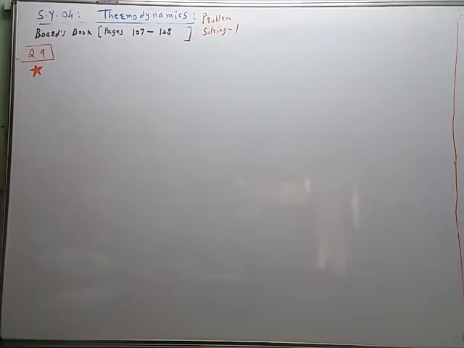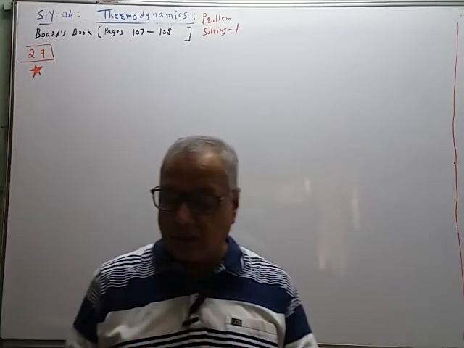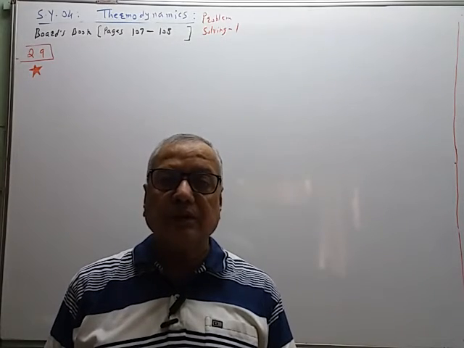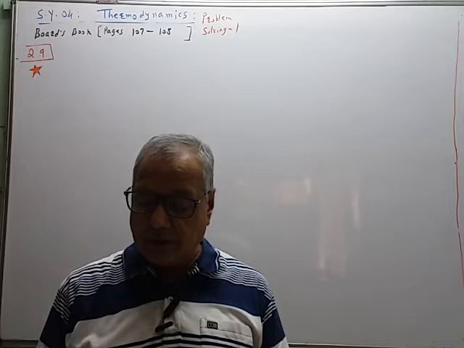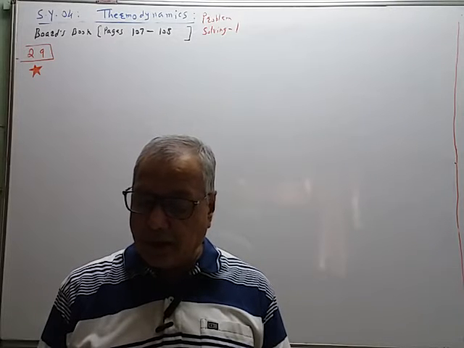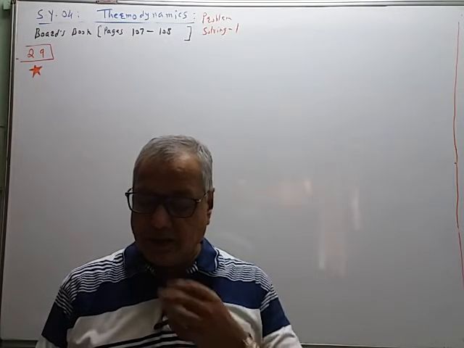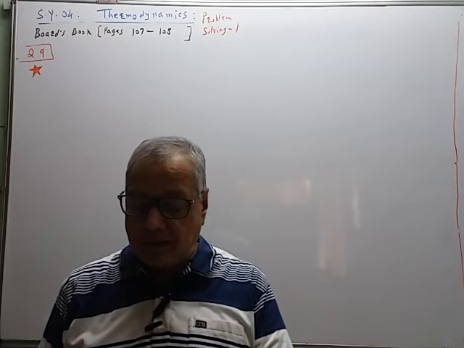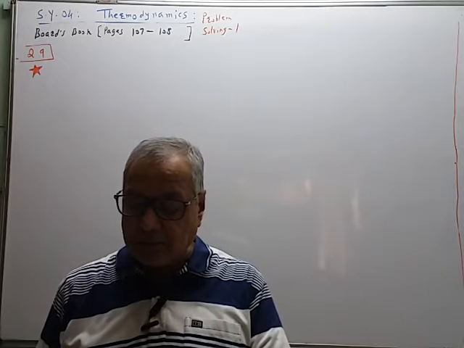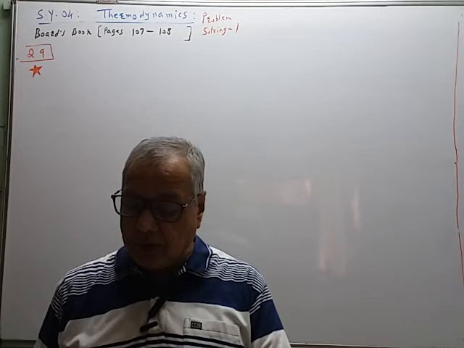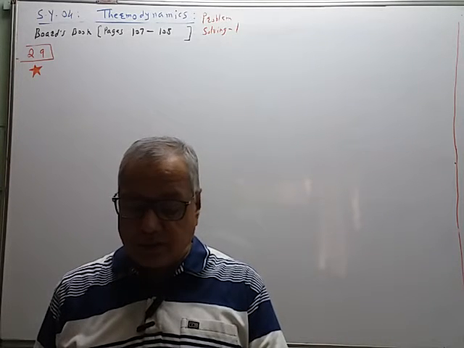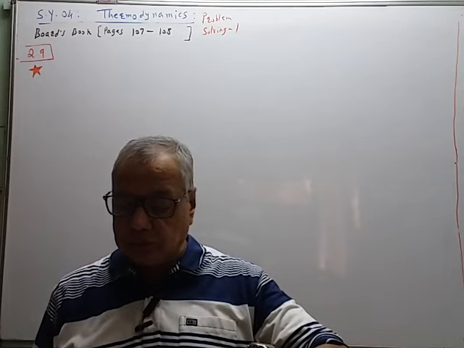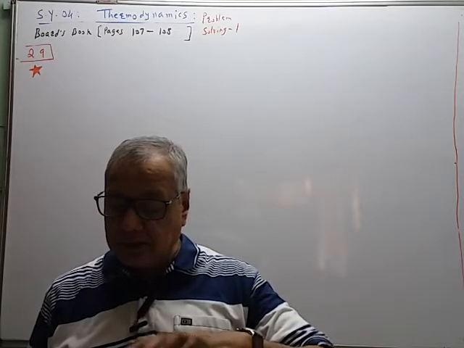Next, problem number 9. स्टार करून ठेवा प्रॉब्लेमला. पण प्रॉब्लेमसाठी लागणारं रिलेशन आपल्याला माहिती नाही. But to derive it: an ideal monoatomic gas is adiabatically compressed so that its final temperature is twice its initial temperature. What is the ratio of final pressure to its initial pressure? So the relation is given.